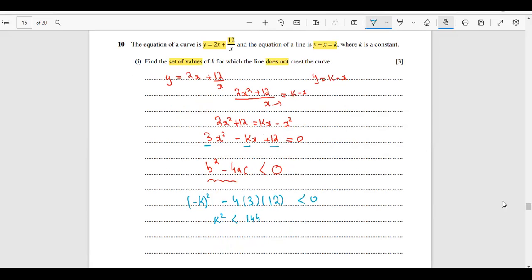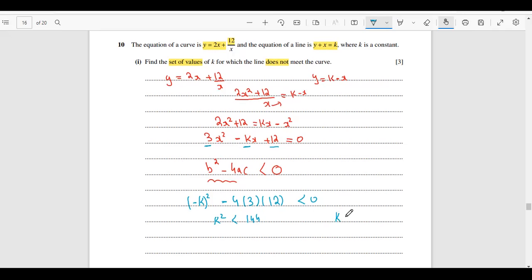I've been telling you guys already, whenever you have an inequality and it is a quadratic inequality, always use graphs. So let's say this was the situation: k squared equals 144. So k would have turned out to be plus minus 12.